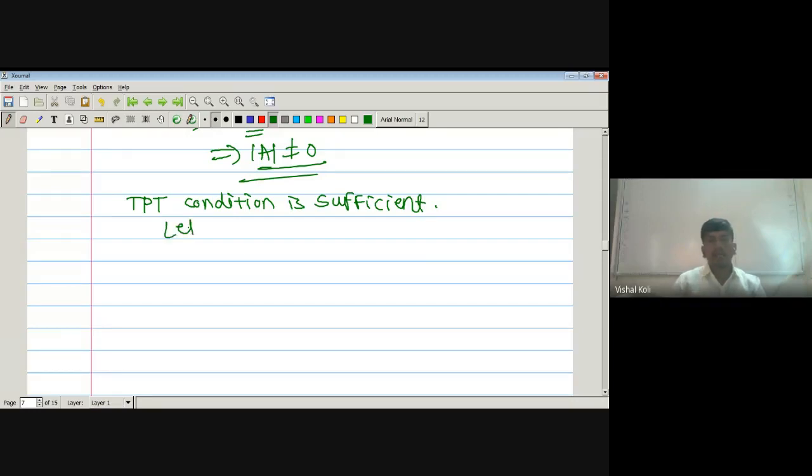Now let determinant of A be not equal to 0. We have to take determinant of A not equal to 0, and we have to prove it is invertible. Okay.